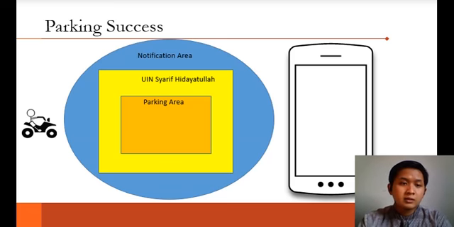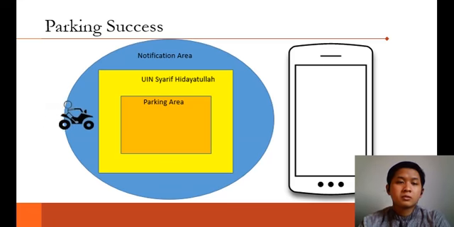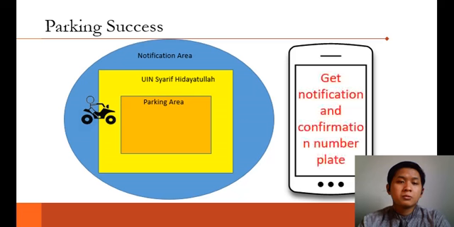The successful parking conditions are as follows. When the user enters the notification area while driving, the user will get a notification and be asked to enter a number plate if he wants to park.